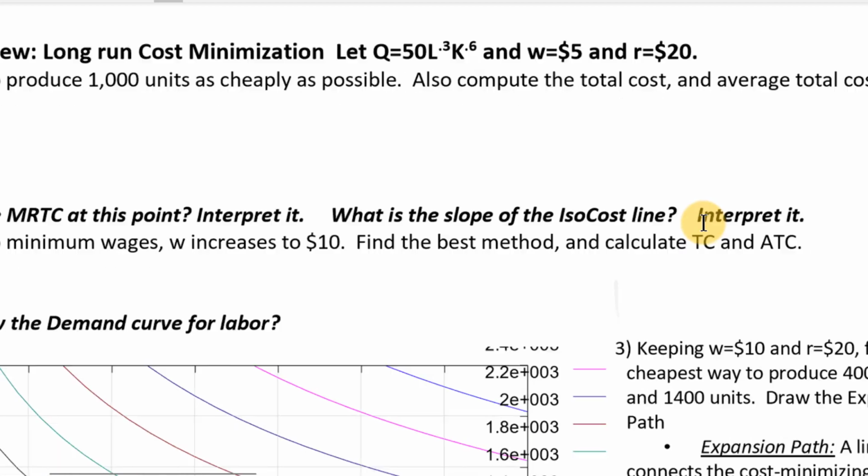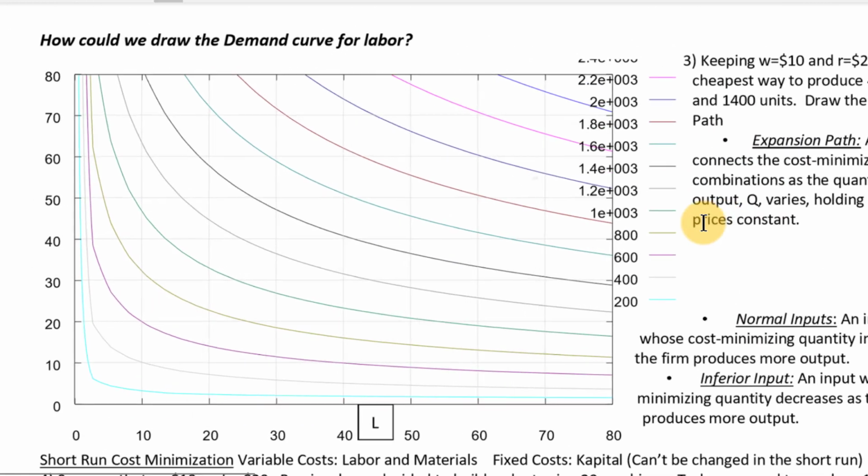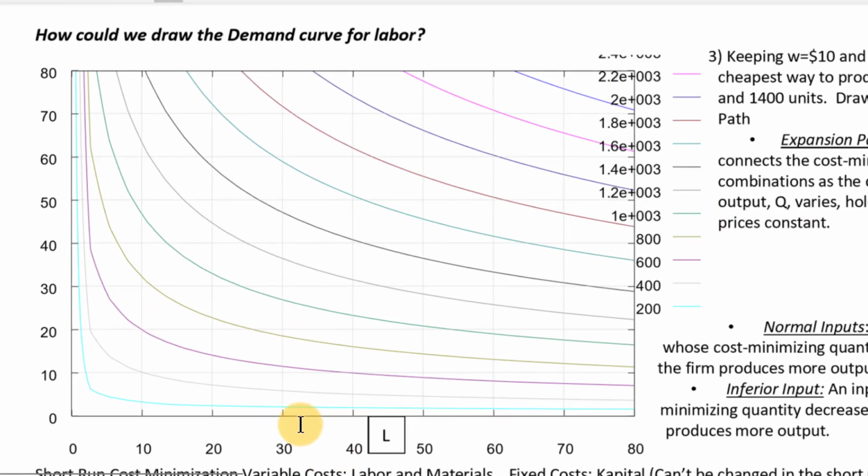So down here I have a map of the Isoquants, and we're putting labor on the x-axis, capital on the y-axis. And so what we want to do, if the goal in this first problem is to produce 1,000 units of output, we want to find that Isoquant for 1,000 units, and that's this one right here, this green one.